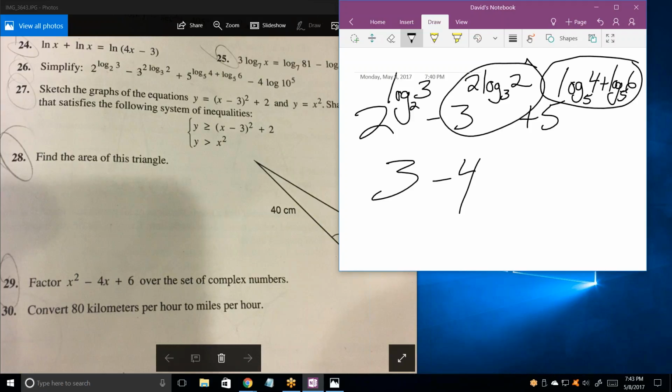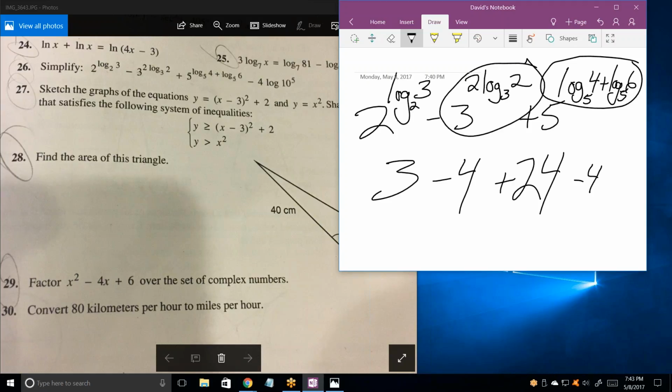So it's log base 5 of 24. Right? Okay, now what is 5 to the log base 5 of 24 equal to? Just 24? Good.